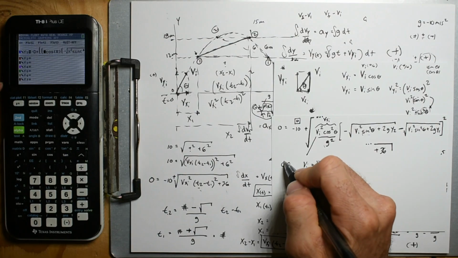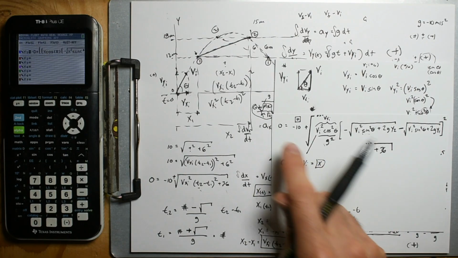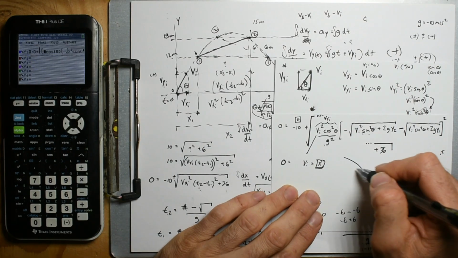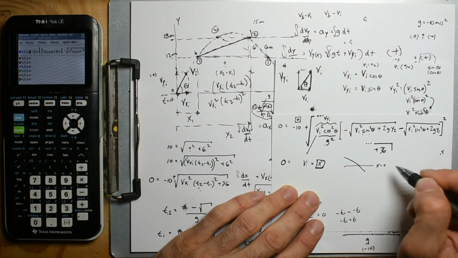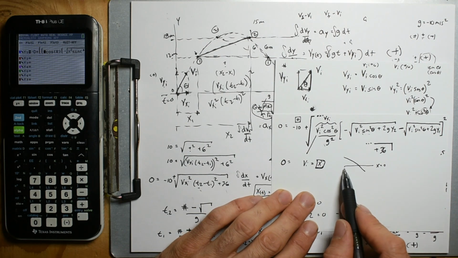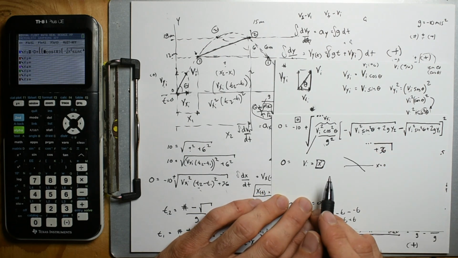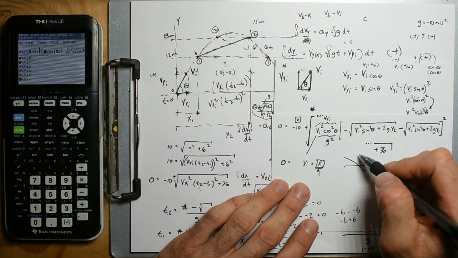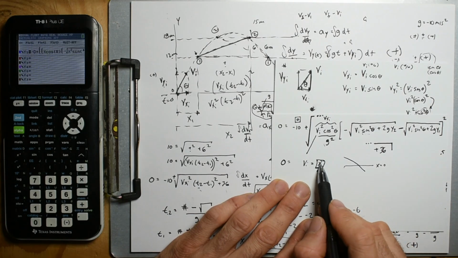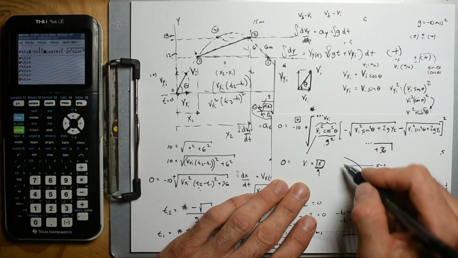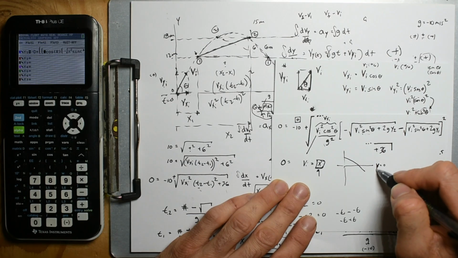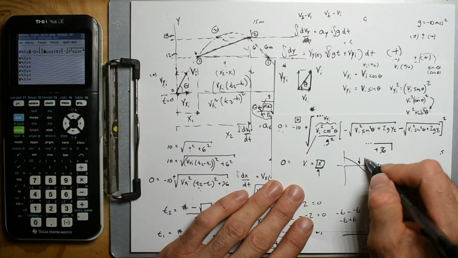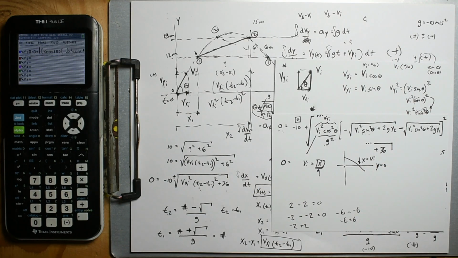If you're putting 0 on this side and an x value on this side, where the graph crosses, where y is equal to 0, is the solution to this, and that's the value in the x direction. When y is equal to 0 on this side, we're going to chisel out an x value, and that's going to be our initial velocity.